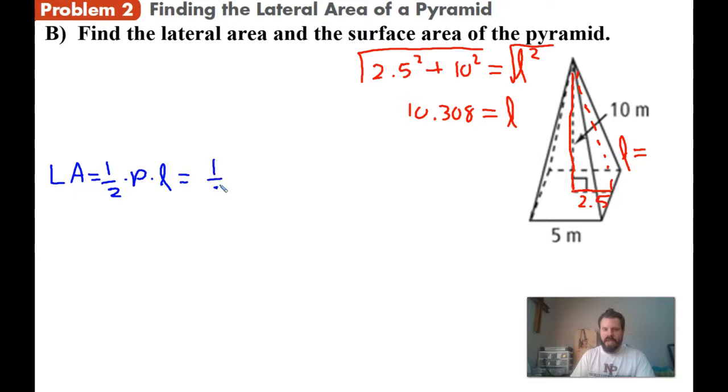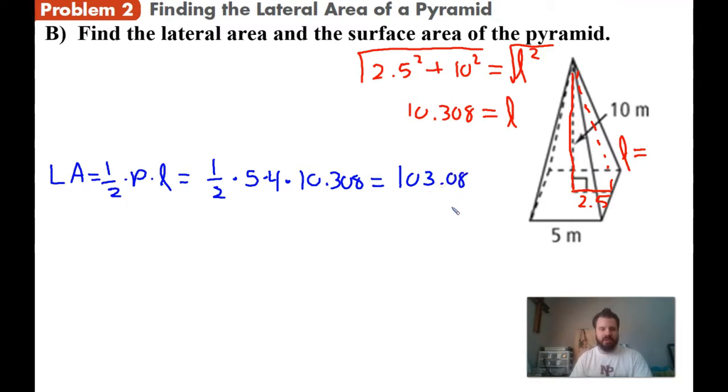So in this case, that'd be half times 5 times 4 for the perimeter of the base, times that 10.308 we just found for the slant height. When I multiply that all together, I get 103.08. We'll just leave it 2 decimal places, what my calculator gave me.